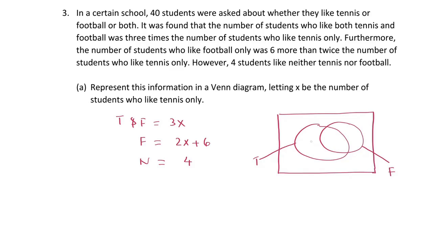So here we are going to have x, and here is 3x, and here is 2x plus 6, and here is 4. And this is our Venn diagram requested.